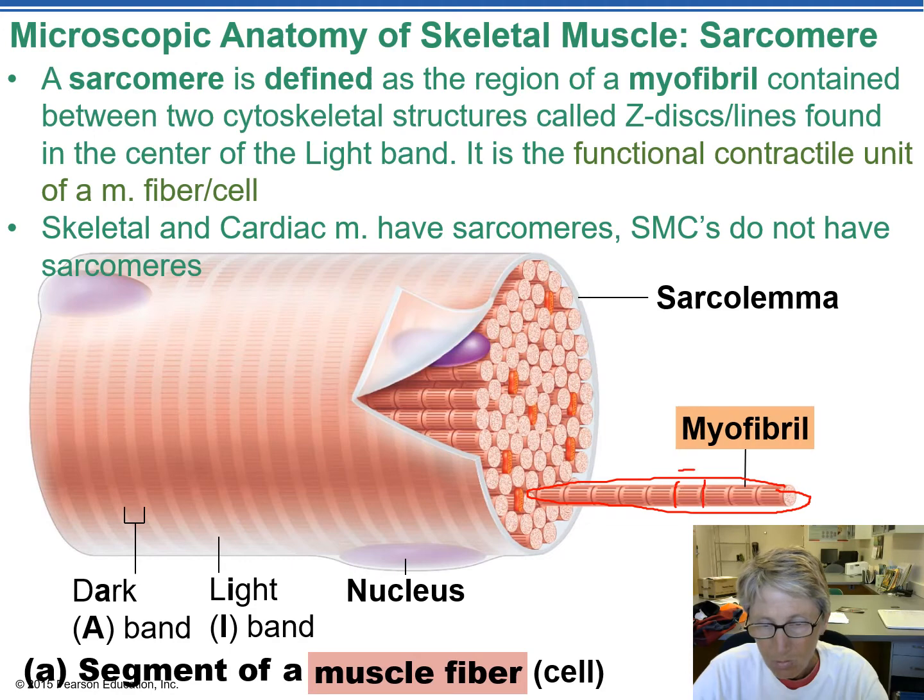Between those two Z discs, you would have a single sarcomere. In the part of the cartoon that shows the myofibril being pulled out of the muscle cell, you can see 1, 2, 3, 4, 5, 6, 7, 8, 9 sarcomeres. Skeletal and cardiac muscle cells have sarcomeres, but smooth muscle cells do not.